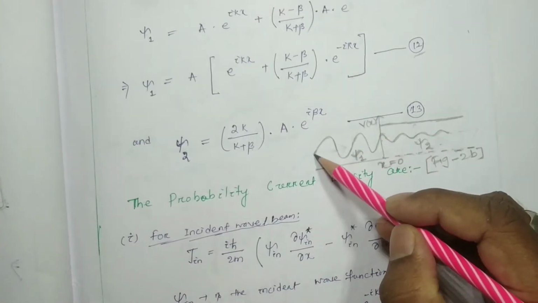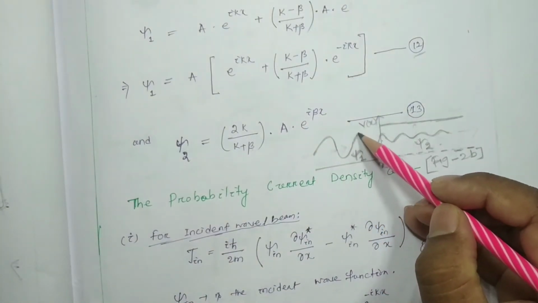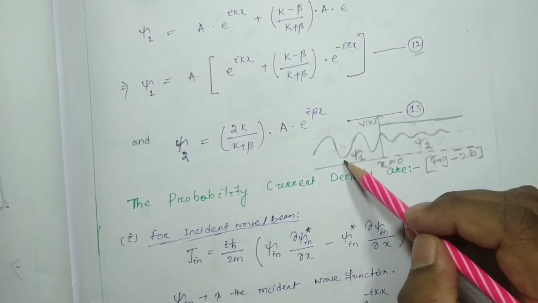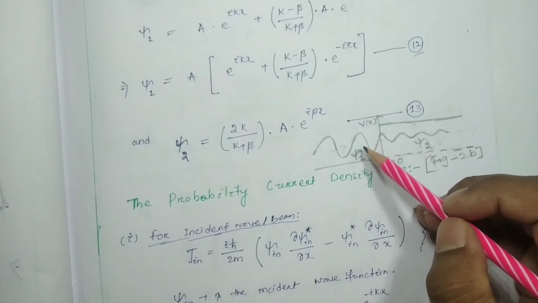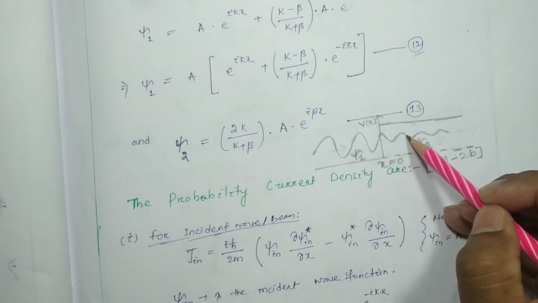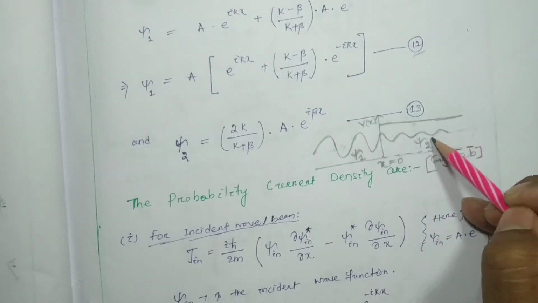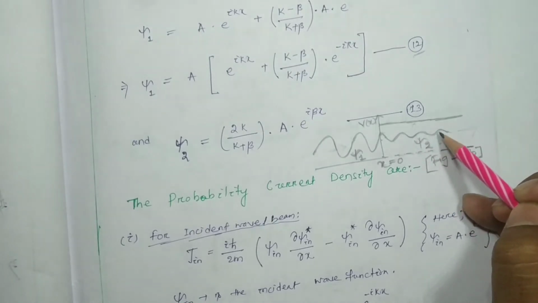That means the wave function we get in region 1, its resultant amplitude, will be greater than the resultant amplitude in region 2.